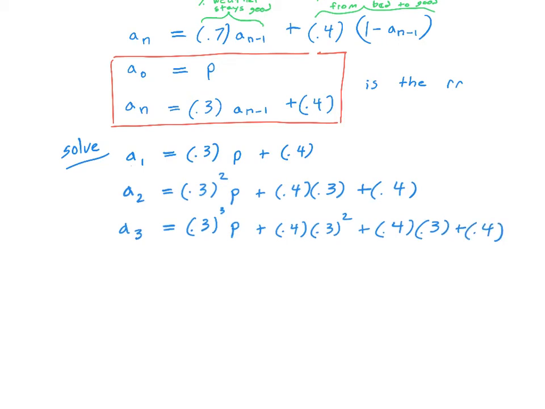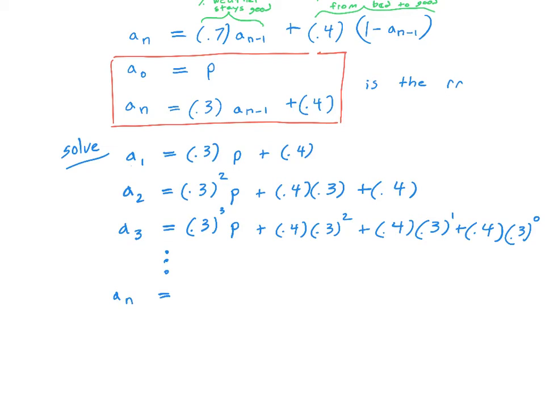So hopefully at this point we're noticing a bit of a pattern. We get a geometric series with powers of 0.3. If you like, you can add on a 0.3 to the power 0 at the end here, and maybe we'll write 0.3 to the power 1. Now, in order to isolate that geometric series, let's factor out a 0.4. Or maybe let's just consider what happens once we go up to the nth stage first. So maybe dot, dot, dot, a sub n.